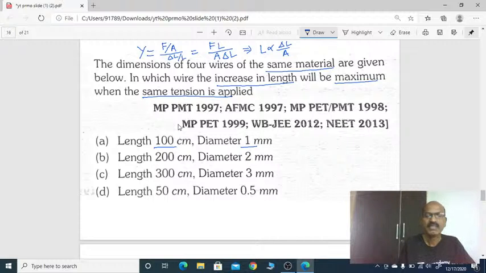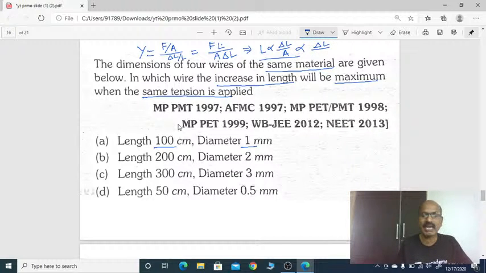See that. So this relation, we know Young modulus is stress by strain. Stress is F by A. Strain we know is delta L by L. Now, Y equals FL by A into delta L. How is L related to A and delta L? L is proportional to delta L and A. Now this is proportional to change in length delta L by area.